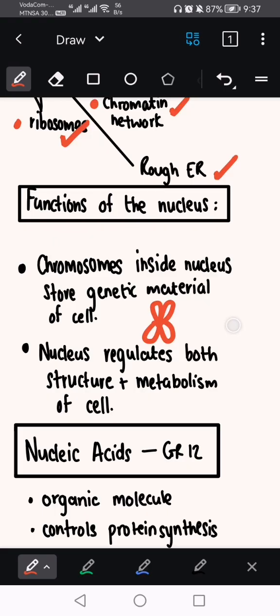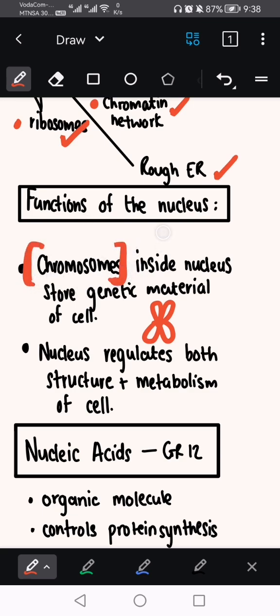Because of the changes in the curriculum, it's just a chromosome or chromatid, depending on which topic you're doing. But chromosomes inside the nucleus store genetic material. Now we know that DNA is housed within the nucleus, but that is a grade 10 understanding. The grade 12 understanding comes in here now, that it is chromosomes.